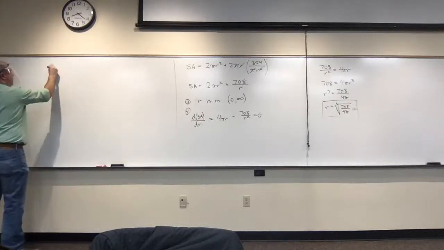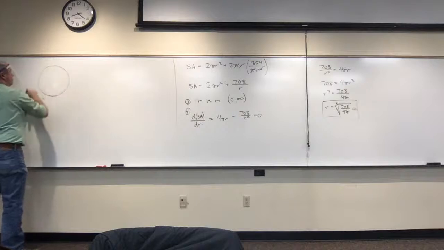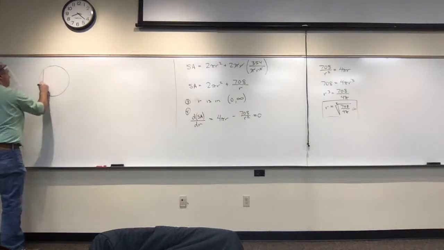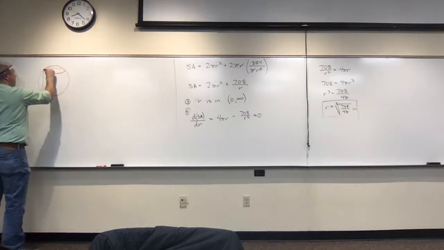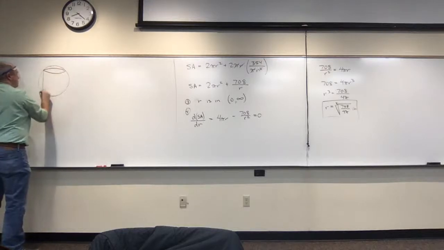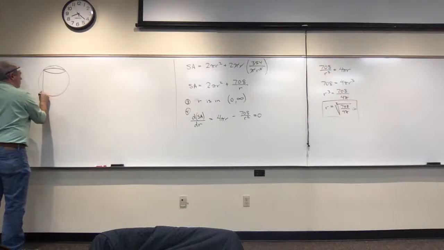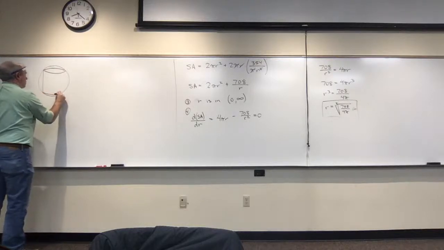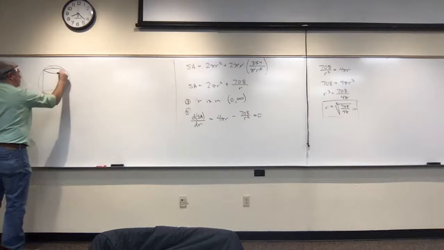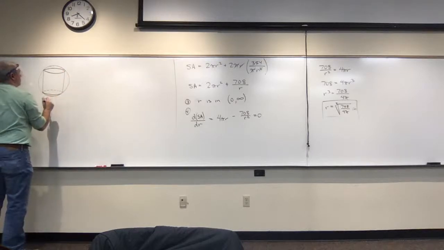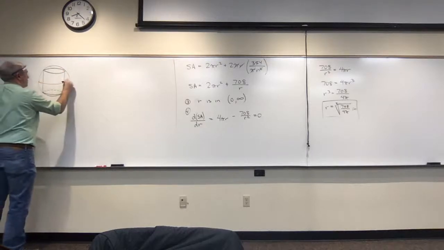So we have a sphere, right? And that sphere has a cylinder sitting inside of it. Right, and this is a sphere.